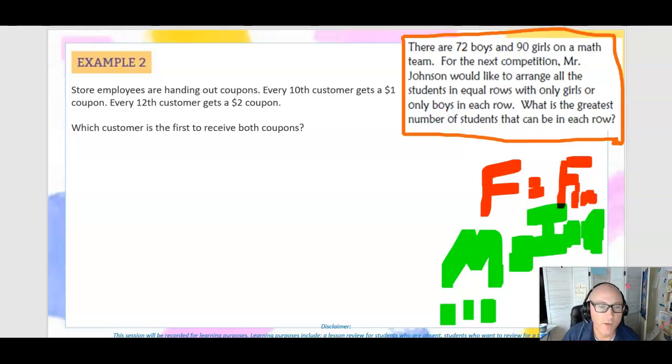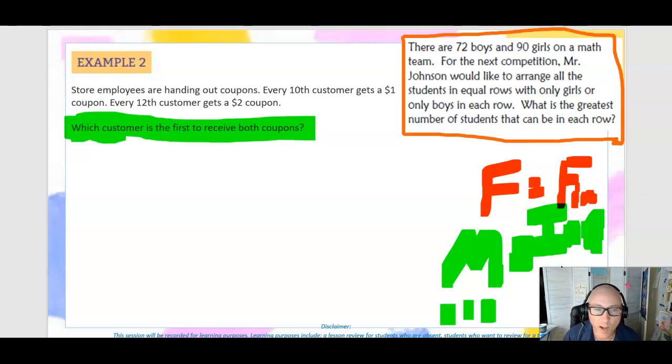What are they asking for here? Which is the first customer to receive both coupons? The first one. So think about customers for a second. Say we got the first customer, the second customer, third customer, fourth customer, fifth customer. Some places do every 10th customer gets a coupon, every 12th customer gets a coupon.